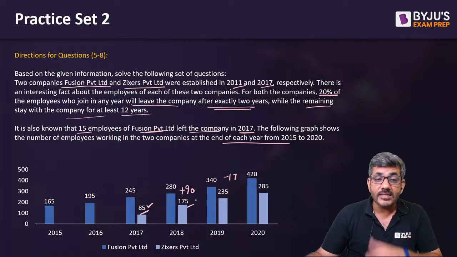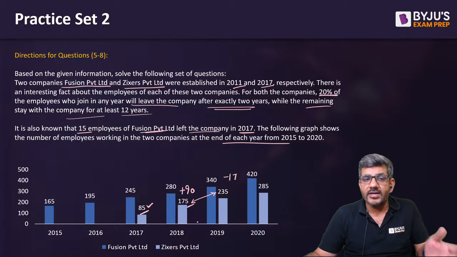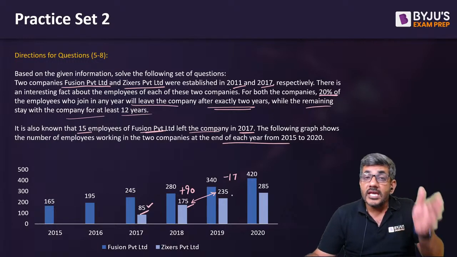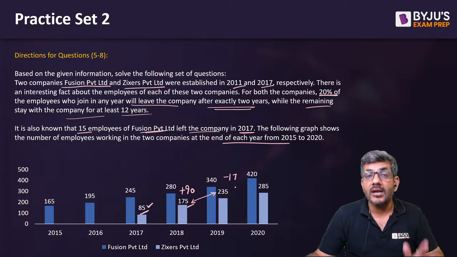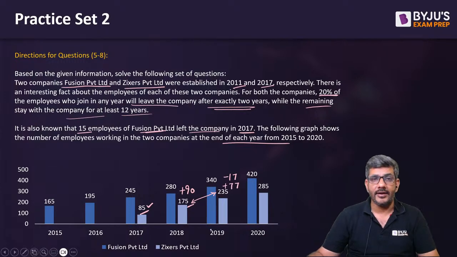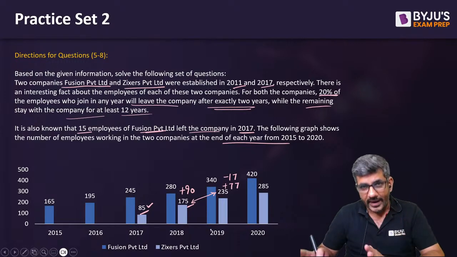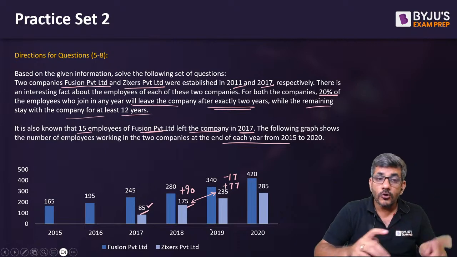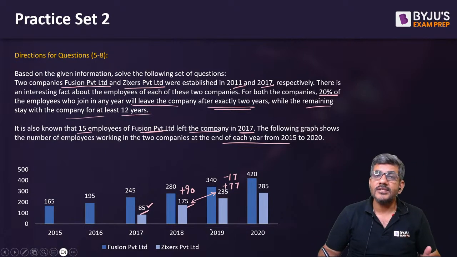But one thing to note: the number of employees has increased by 60, from 175 to 235. So even after 17 people left, I still have an increase of 60. That means 77 people must have joined. 77 people joined, 17 left, only then I can see an increase of 60 in the workforce.